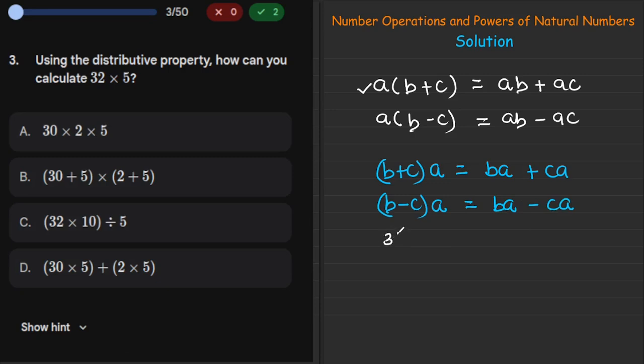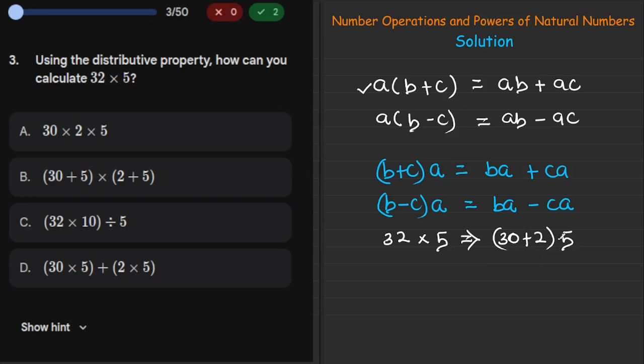We have our 32 times 5. We can rewrite 32 as 30 plus 2. So this is our 32, and then it is being multiplied by 5. Hence, using our distributive property, the 5 multiplies the 30, and then it also multiplies the 2.